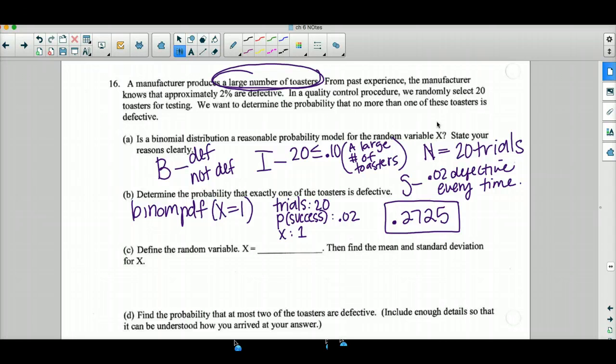Define the random variable. X equals what? X equals the number of defective toasters. Okay? So X equals the number of defective toasters.